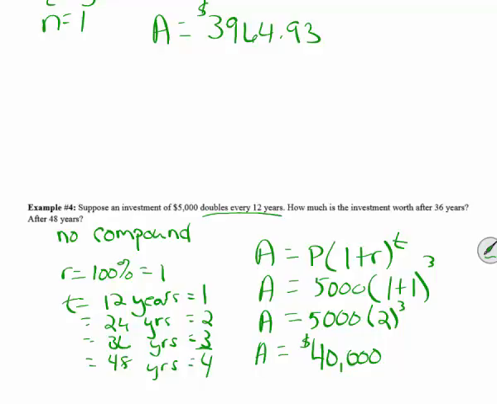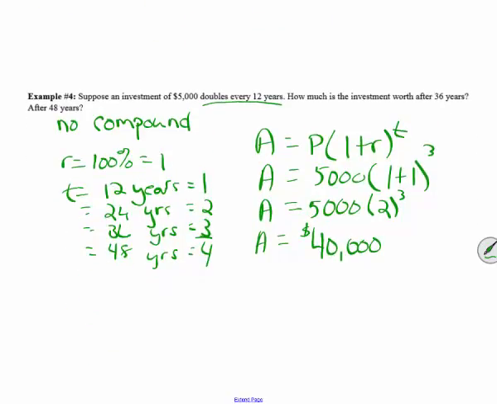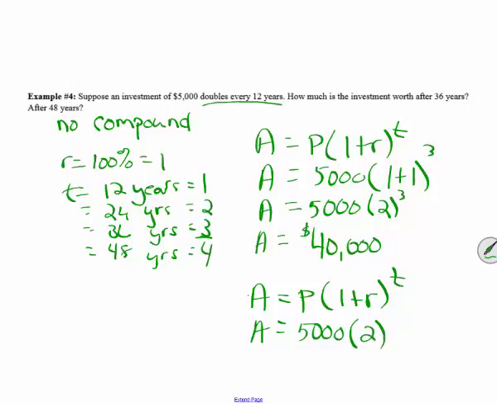And for the 48, same idea, but I have to put in 4 time units. So still our $5,000. I'm sure most of you in your head are like, why doesn't she just double from the 40,000? Which will certainly work. I'm going to fill in the 2, the 1 plus 1, and this time it's to the 4th, which would make it $80,000.